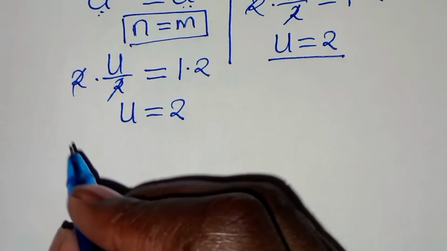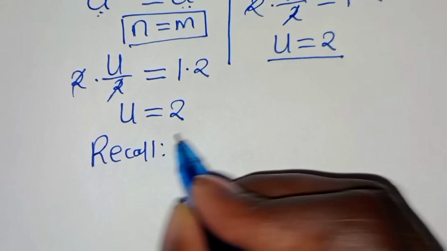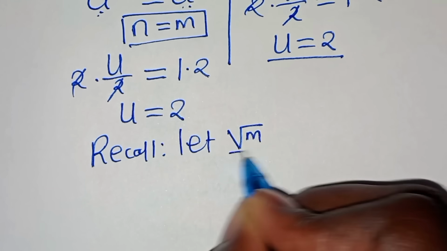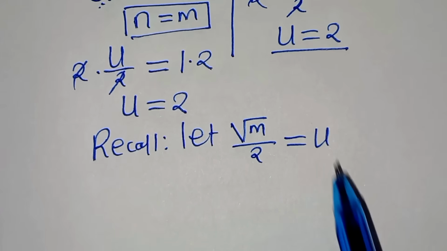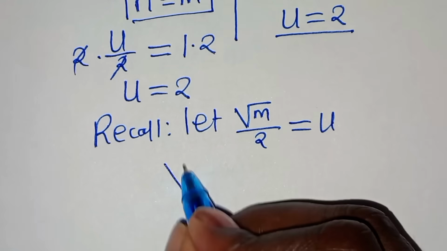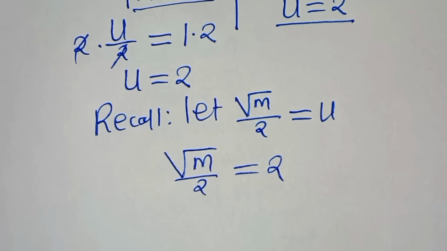Now, again, if you recall, we said let square root of m over 2 be equal to u. Since we have u equal to 2, let's substitute here. So the square root of m over 2 is equal to 2.